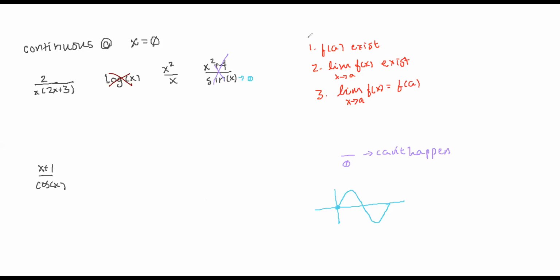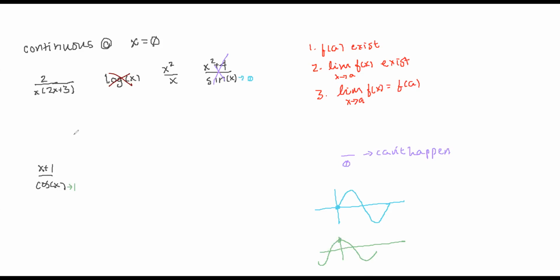If we were to look at cos of x, we would have something that looks like this, right? And this is good. We're allowed to do this because at 0, cos of x is equal to 1. So we're good there. That's not the condition that makes this impossible.